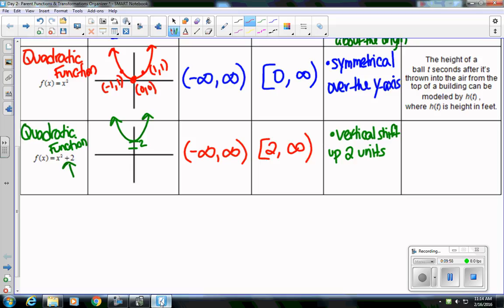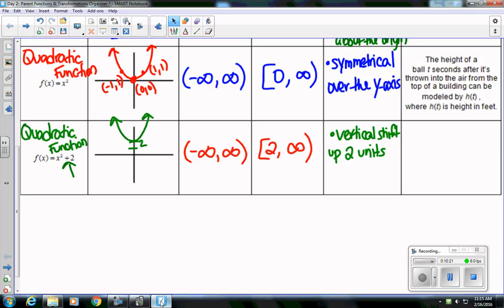Now, if you notice in comparison to the parent function, our original parent function, f of x equals x squared, the range was 0 to infinity. For this function, it had a vertical shift up 2, so our range changes. Instead of being 0 to infinity, it moved up 2, so it is 2 to infinity.